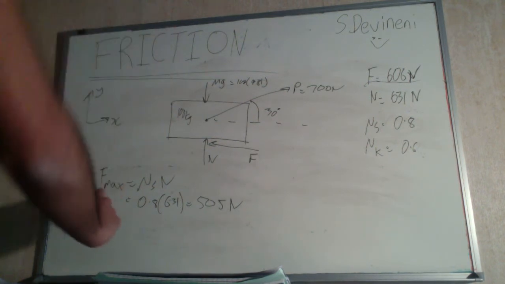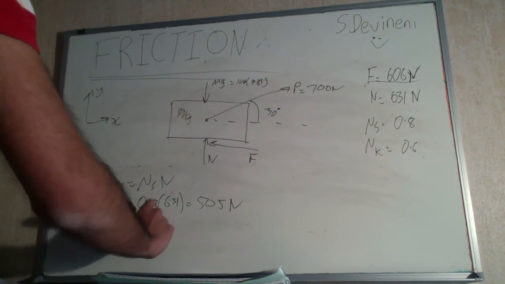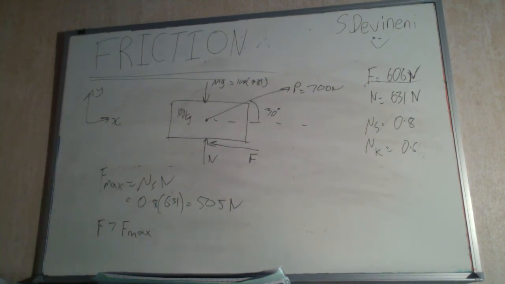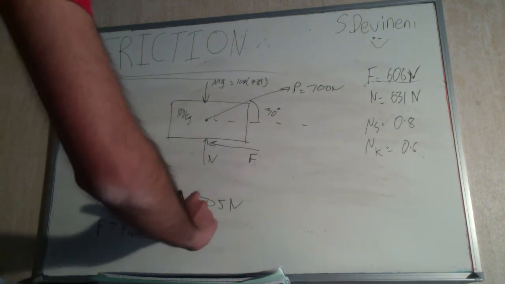As I said, F max is the minimum force required to push the body along the ground. Now F is bigger than that, which means there must be a bigger force than F max pushing the body along the ground. Therefore, it is moving.